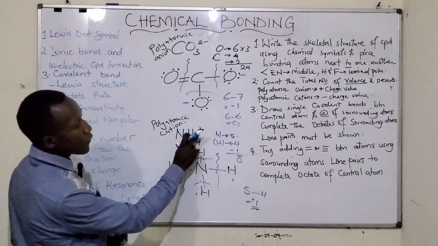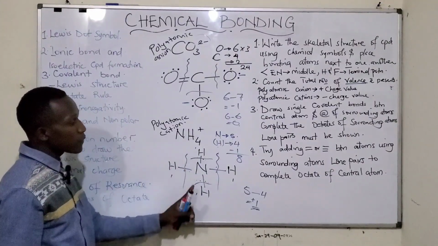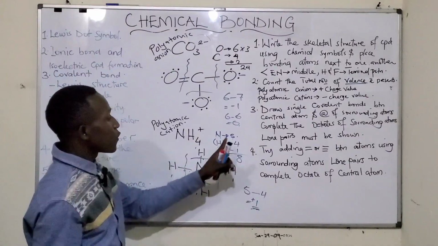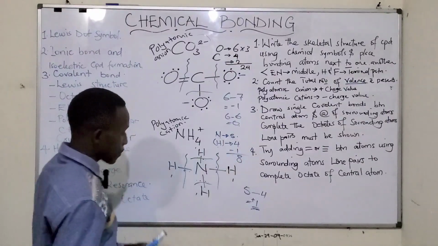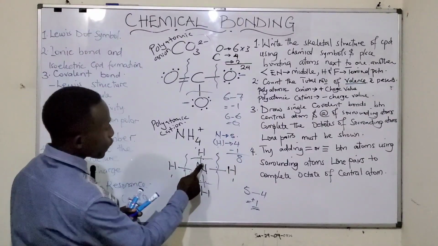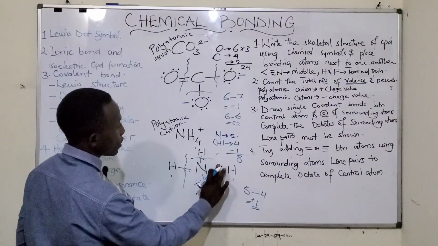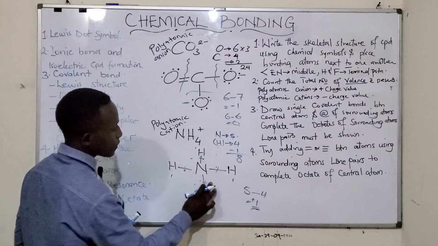So that's why we're having a plus on ammonium, because of this nitrogen having 4 electrons instead of 5 electrons when it is isolated. So the structure of ammonium is this one without these lines. Don't put them.